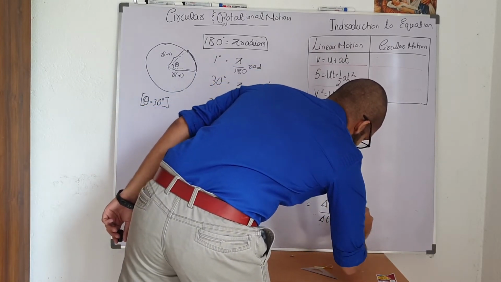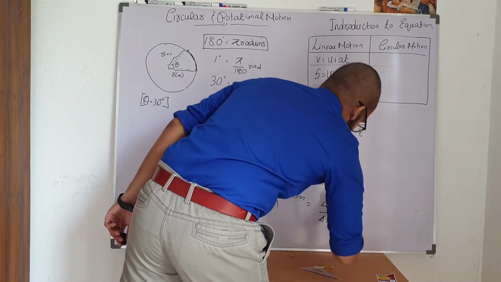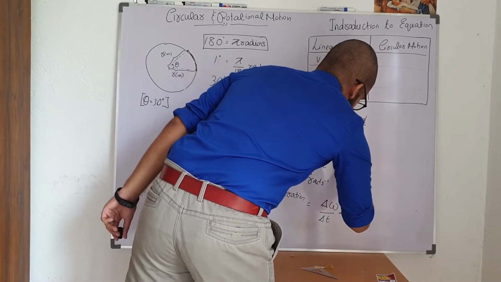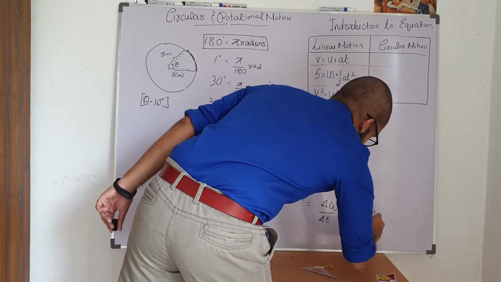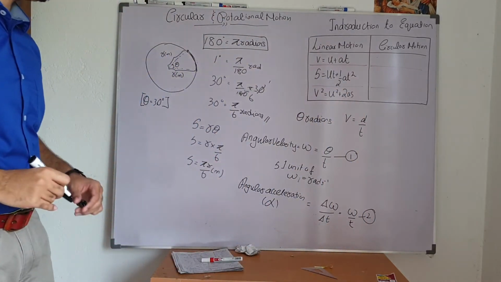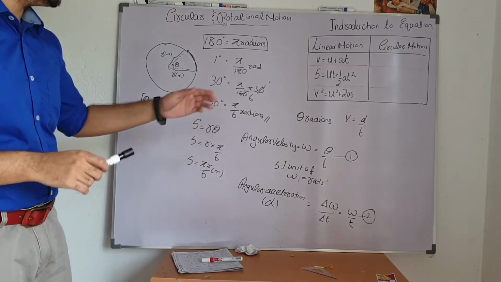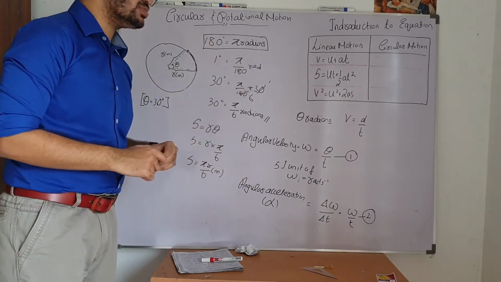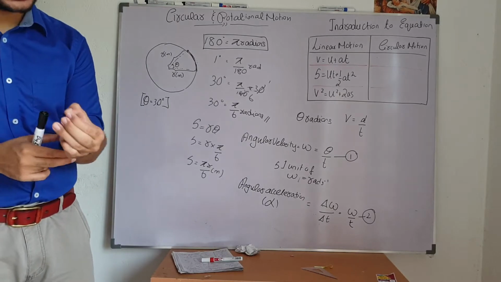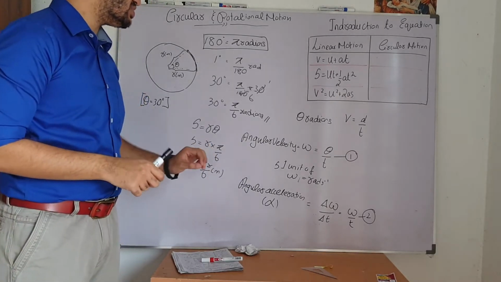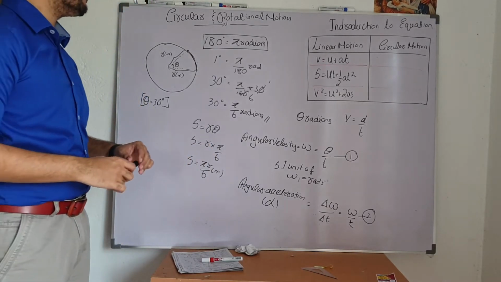Basically it's w by t. So now you have obtained the first equation and the second equation, right? The rate of change of angular velocity by time. These are the basic two equations which you have to learn at the first instance. So I'll continue with the rest of the lesson from this part onwards.